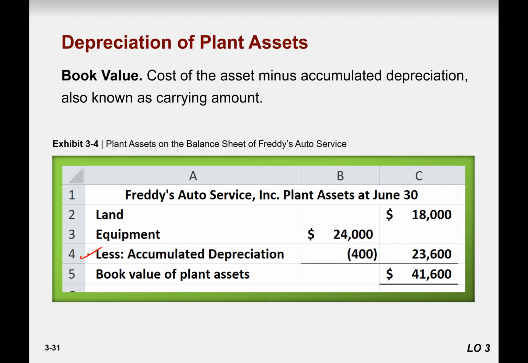In accounting, we create the accumulated depreciation, which is the opposite of equipment, in which all the depreciation goes and increases one by one. For example, in June it is 400.